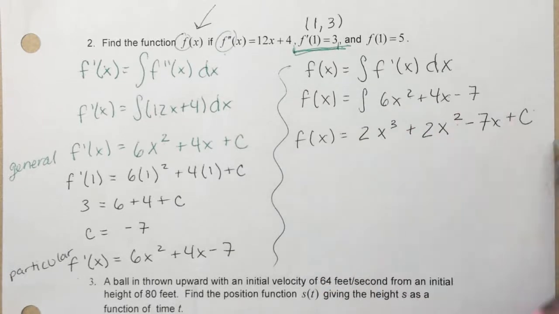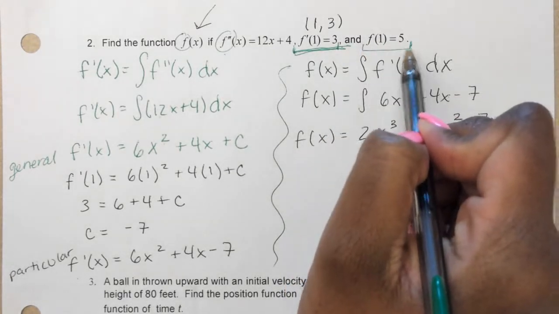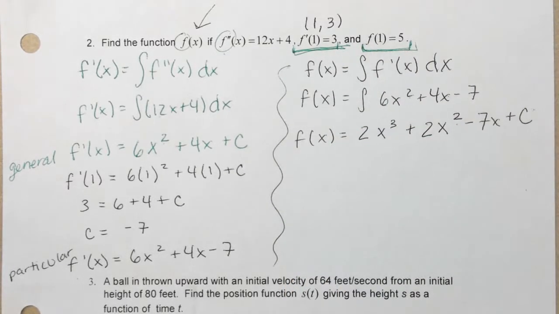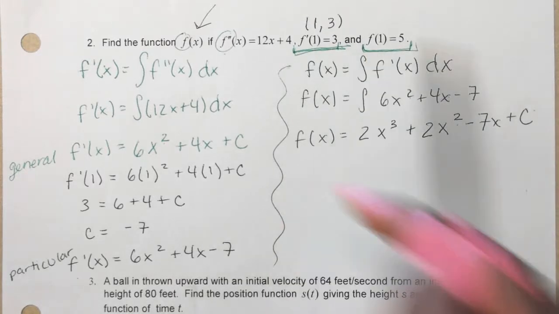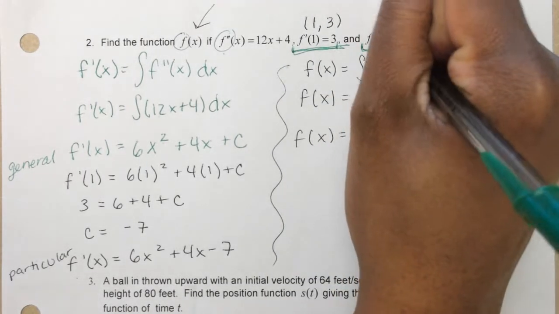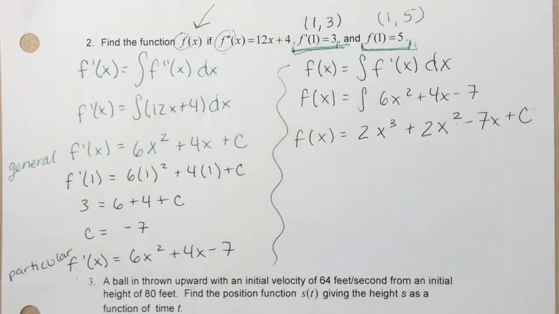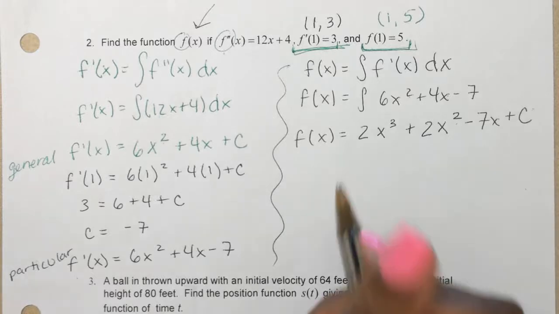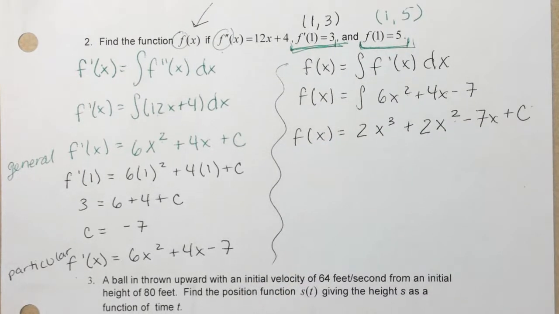So we could be done here, but this problem gives us the initial condition, or a condition, for our f of x function. So this, written as a point, is (1, 5). So this problem is asking us for the particular solution of f of x at the point (1, 5).